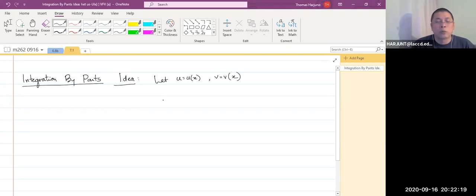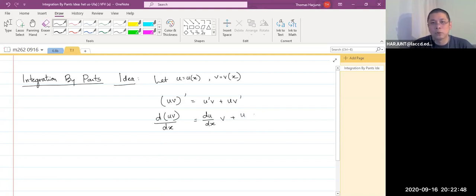Now, according to the product rule of the derivative, the derivative of u phi is equal to u prime phi plus u phi prime. In other words, the derivative of u phi with respect to x is equal to du dx times phi plus u d phi dx.